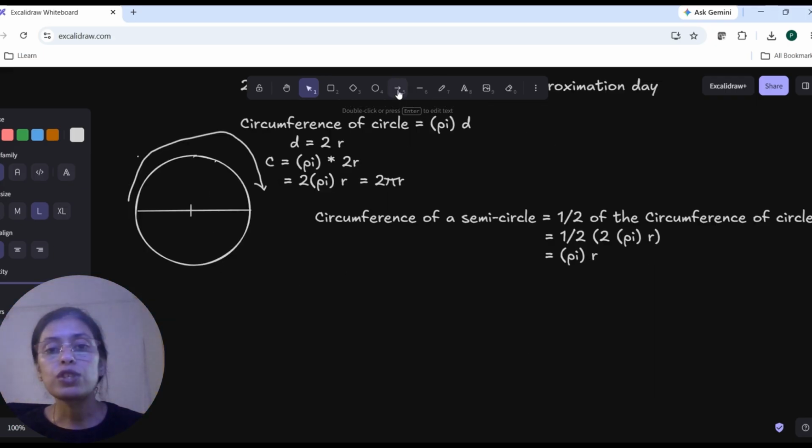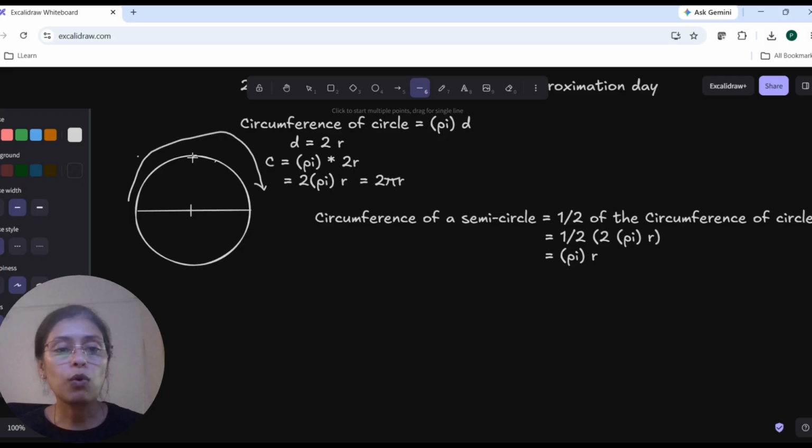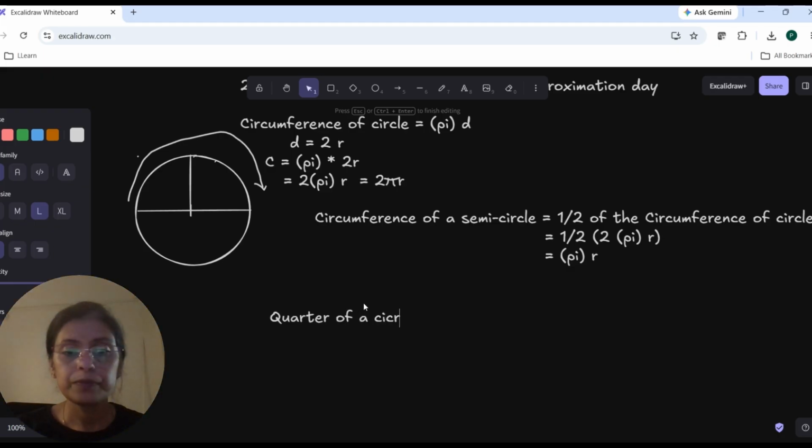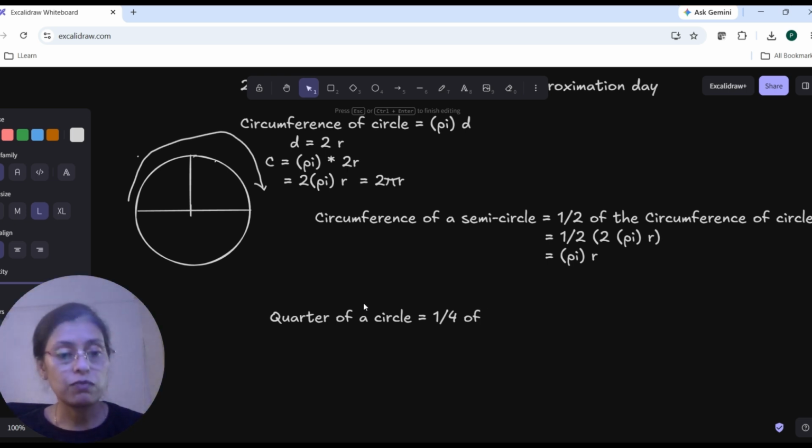Now what about if we see the quarter of a circle, right? So if we take quarter of a circle, this means the circumference will be 1/4. Quarter is 1/4 of the total circle. So it will be 1/4 of circumference.